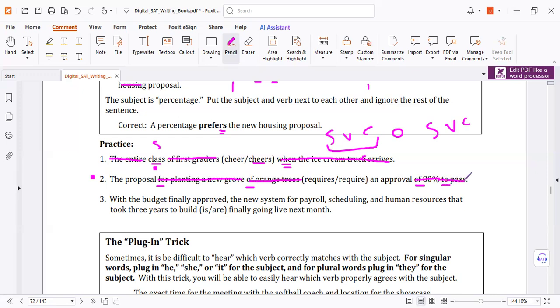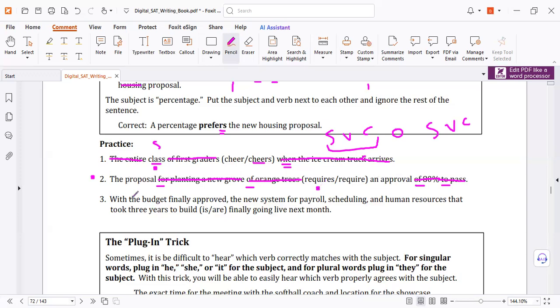Infinitive, delete. What is left? Proposal, requires. So proposal is singular, so requires is singular. When we test you for verbs, you must find the subject and verb. I would like you to understand it quickly. Follow the rules, because we have millions of tests waiting for us.